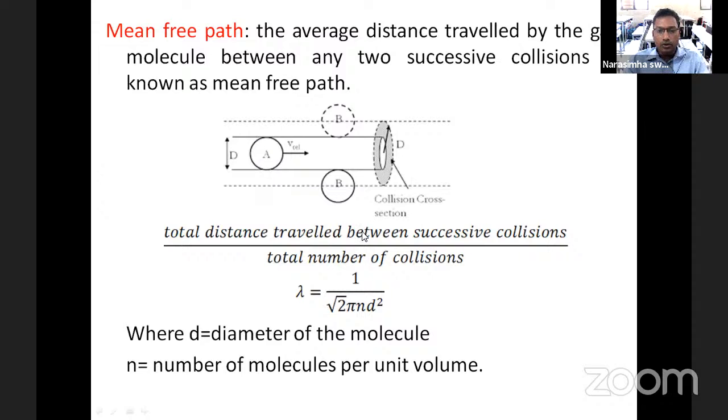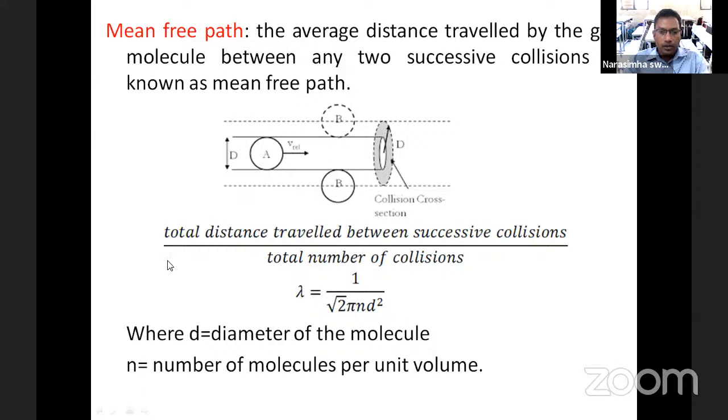This is the collision cross section. If the distance between these two particles is more than the diameter, then there will be no collision, and it will move straight along.